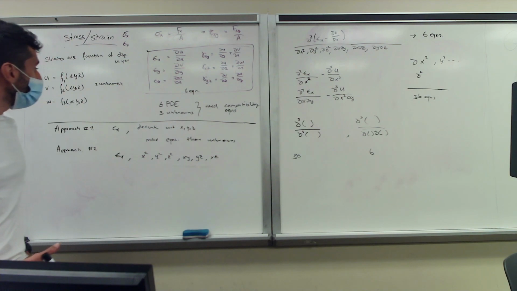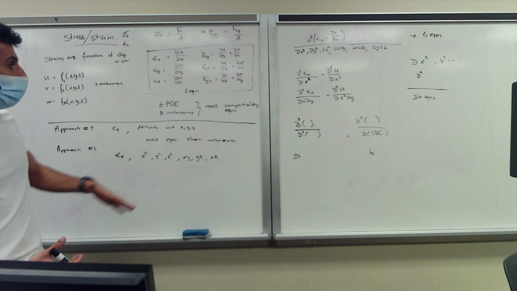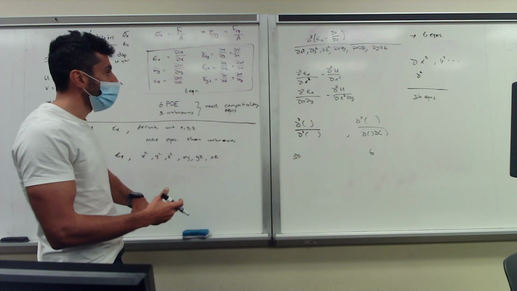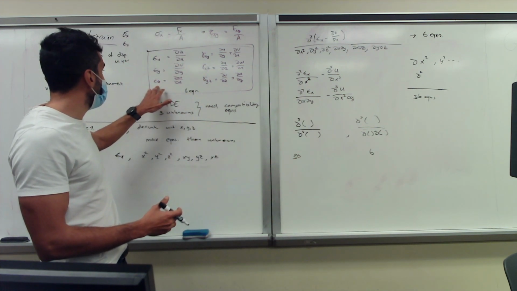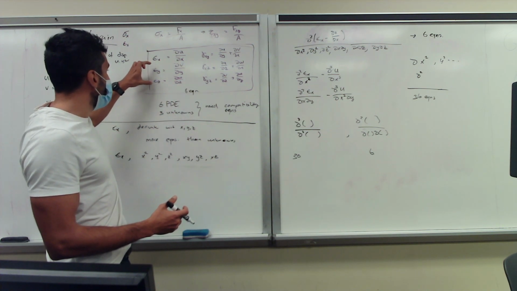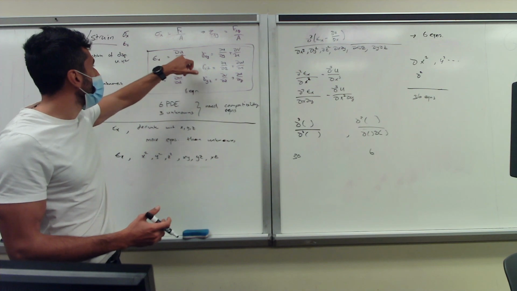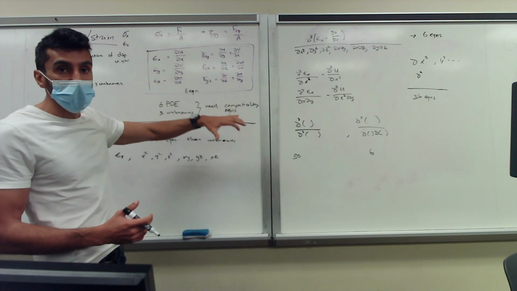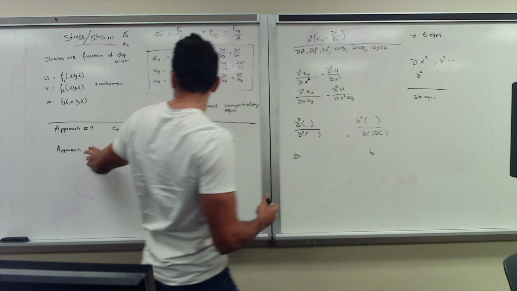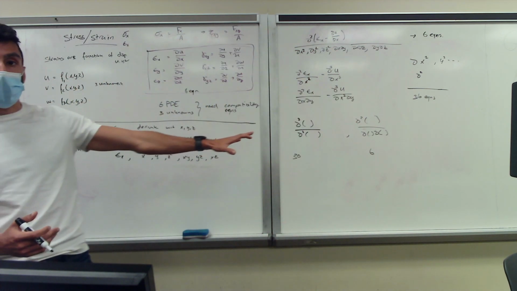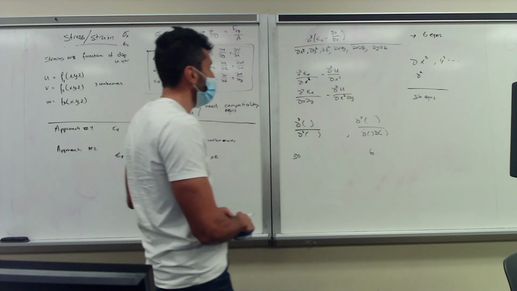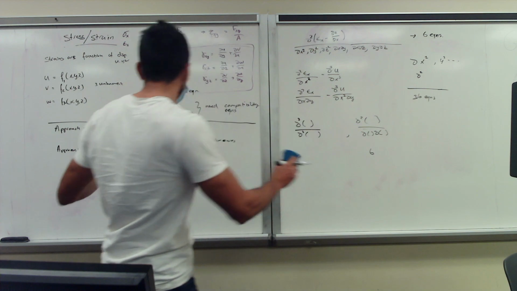Those 6 equations that we are left with are combinations of our epsilon x's and the strains in x, y, and z, and our shear strains and our combinations of u and v. So basically, the remainder of these second order derivatives gives us what we needed, gives us our solution. And I will do 1 or 2 examples of how Maxim does it. But this is basically the approach.